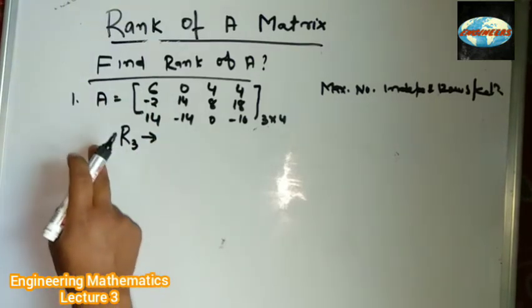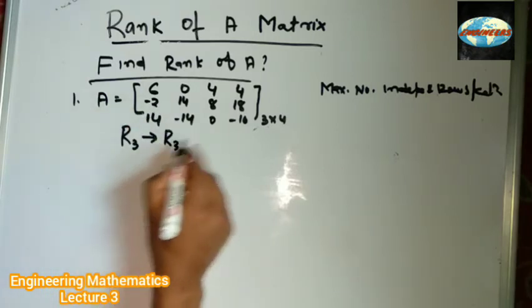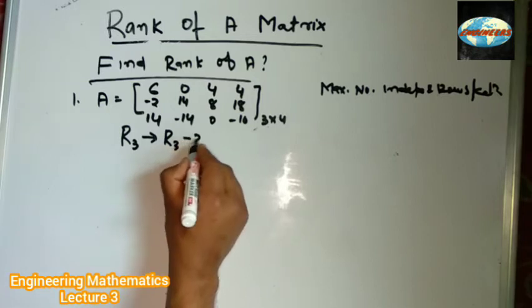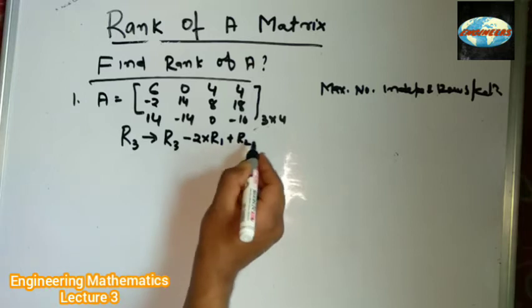We are doing elementary transformation on row 3. That means R3 becomes R3 minus 2 times R1 plus R2.